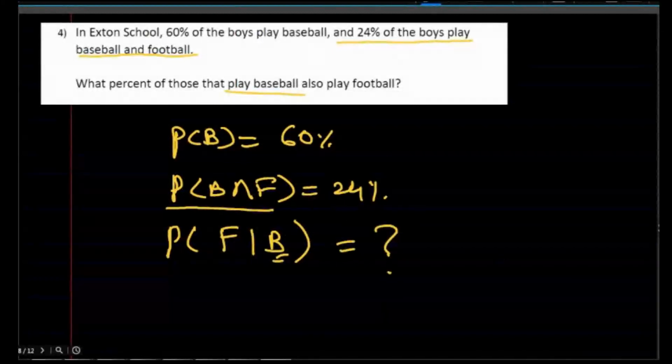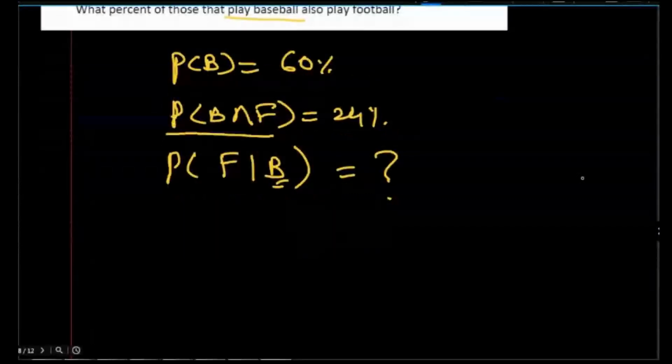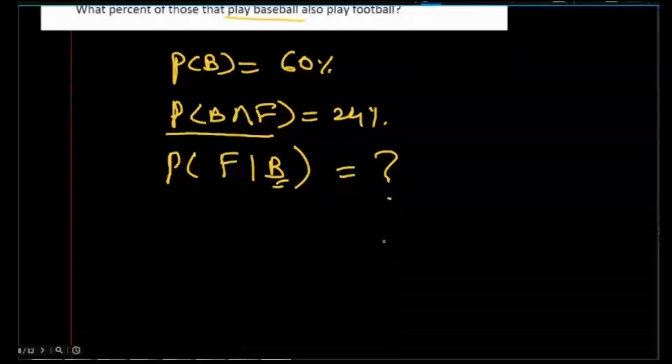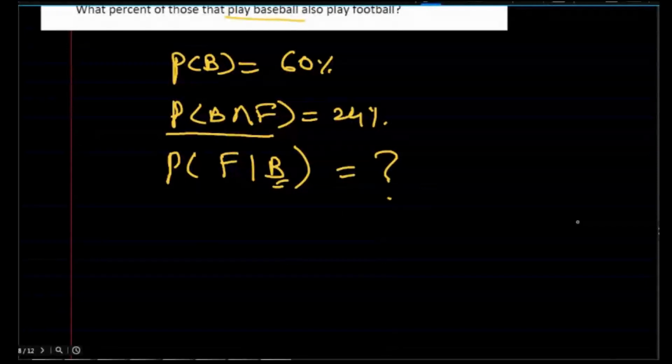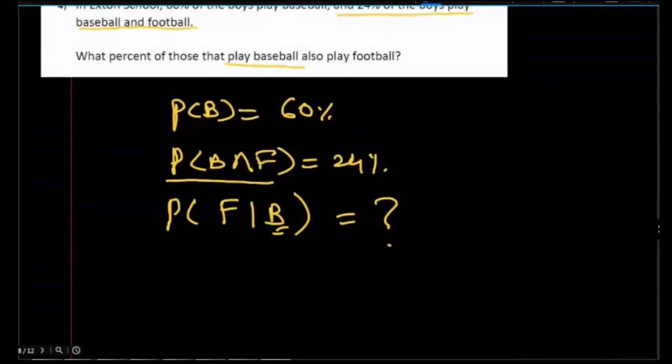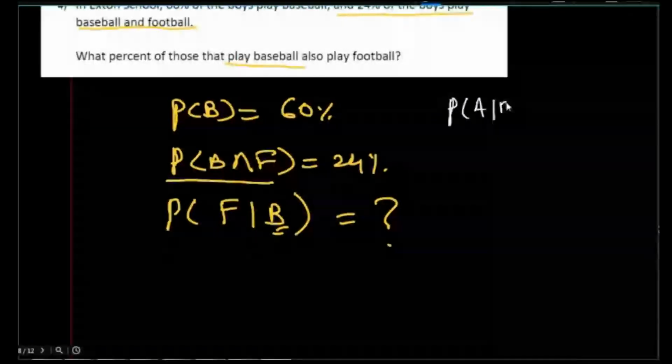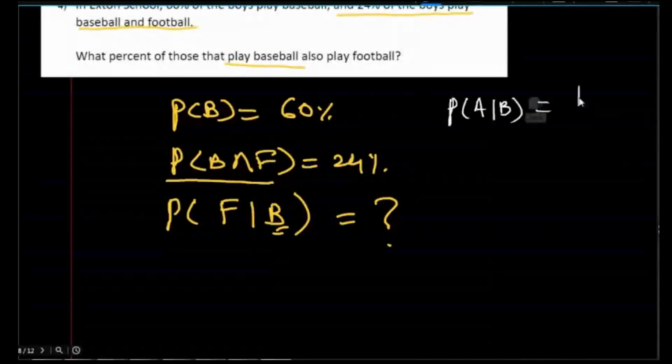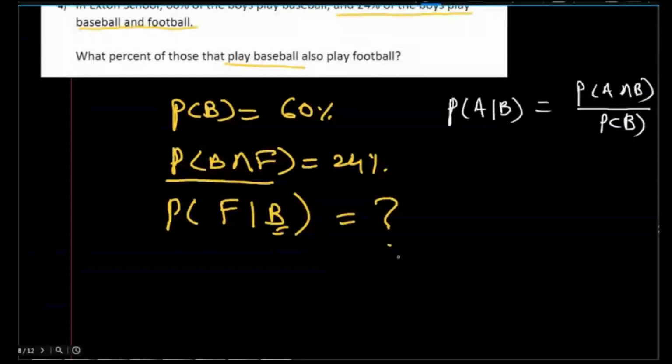Now you can fit this into your formula. Which formula? Probability of A given B is equal to probability of A and B divided by probability of B. Am I correct?